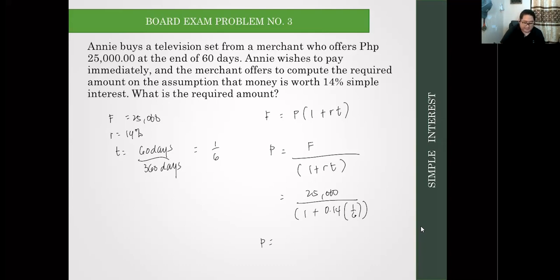So, kailangan lang niyang bayaran kung magbabayad siya ngayon is 24,429.967. Okay. So, nakamura siya ng almost 600 pesos kung bibili niya ng cash yung mismong television set. Okay? Question dito sa problem nito?